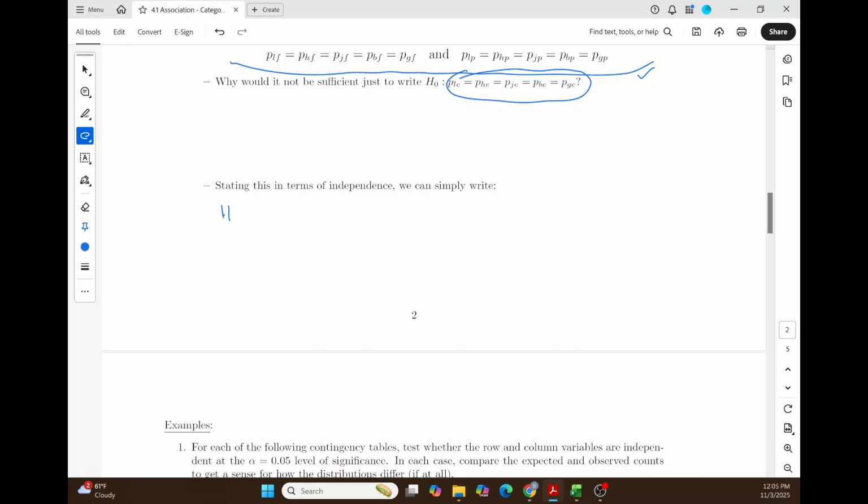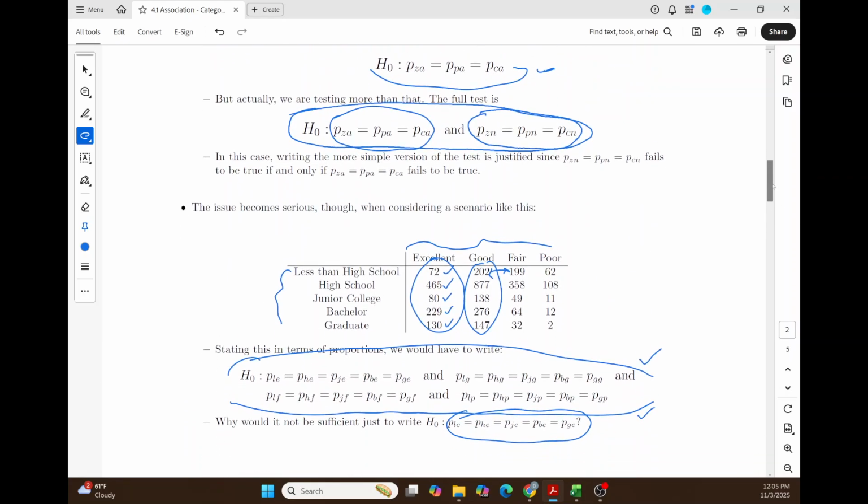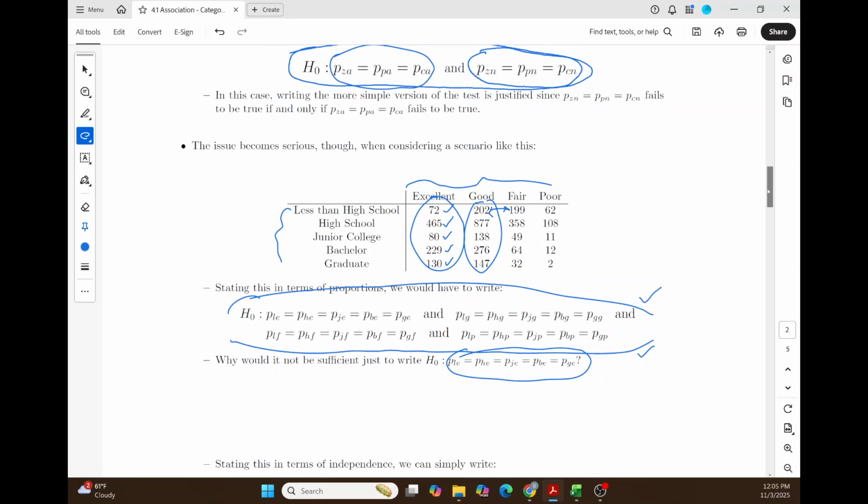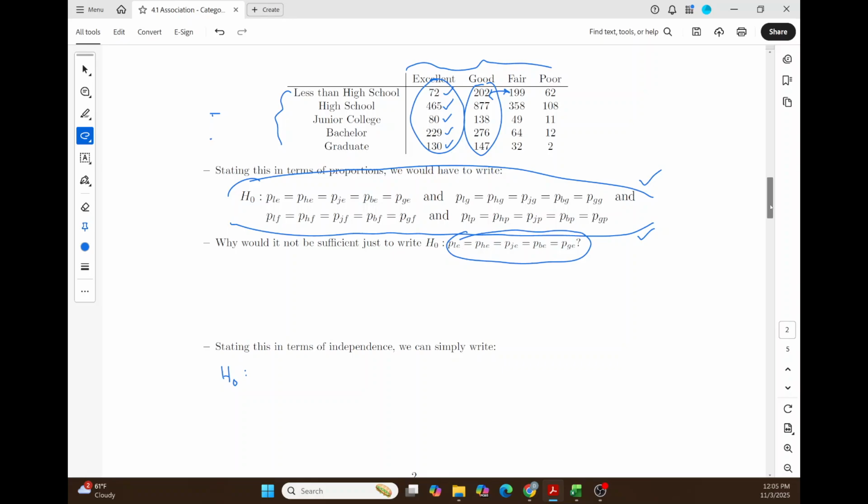We would just say, well, let's think about the variables here. So I think our row variable over here is education. Clearly, it's describing some kind of level of education. And our column variable up here is supposed to represent health outcomes.